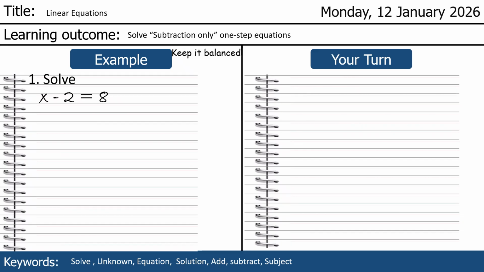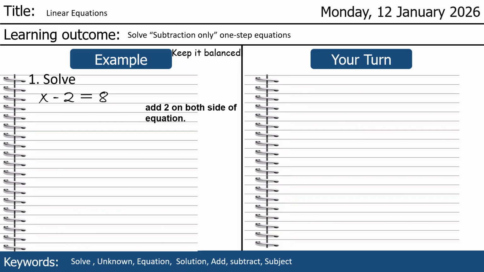And the reverse operation of subtract 2 is add 2. And remember to add 2 to both sides of the equation. So add 2 on both sides of the equation.